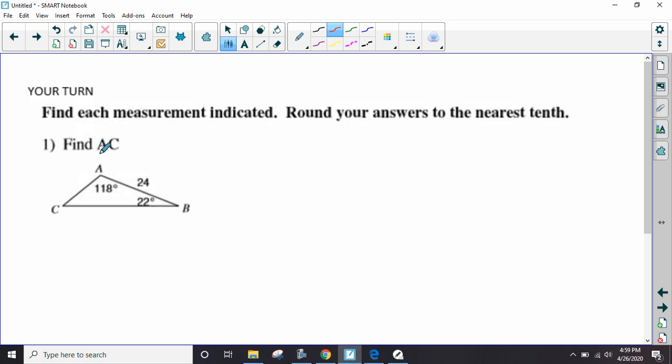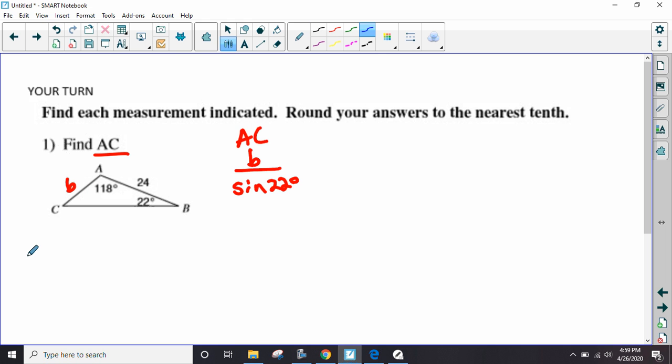All right, so we're looking for a side, AC. AC is here, which happens to be little b. So we know we're going to have little b, or AC, however you set it up, over the sine of 22 degrees. We're given an angle here with no measurement, and a side here with no angle measurement.